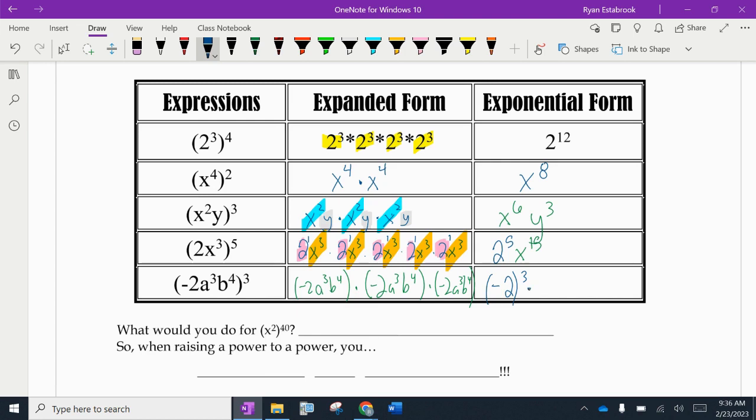Times, there's an a base. What is going to be the exponent on the a? 9. 3 plus 3 plus 3. There's also a b base. What's the exponent on the b? 4 plus 4 plus 4. 4 times 3, and we get 12.